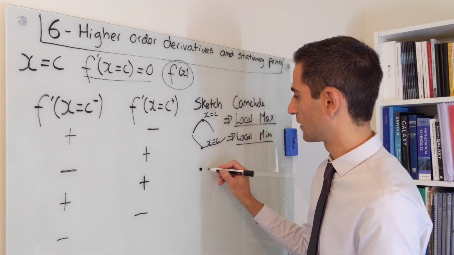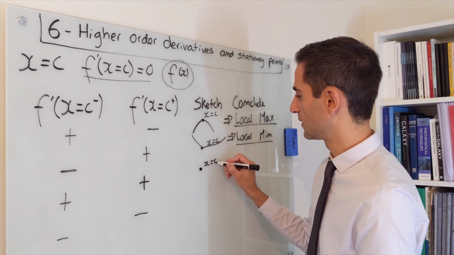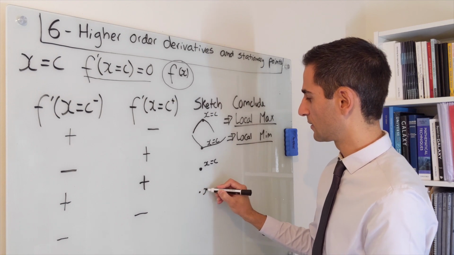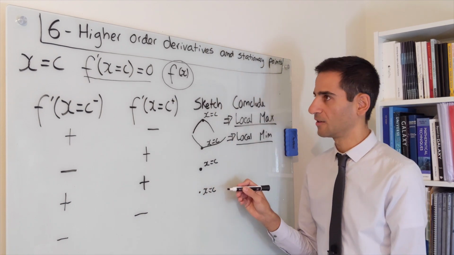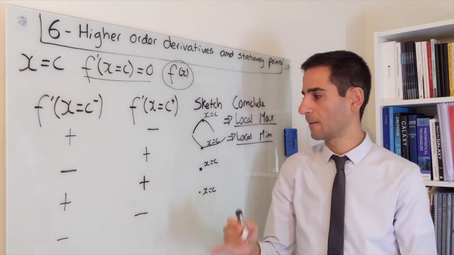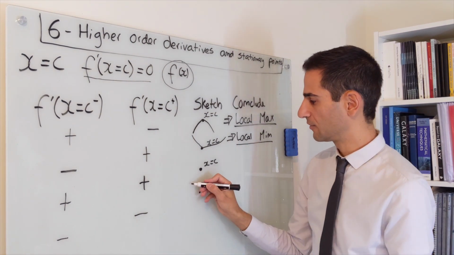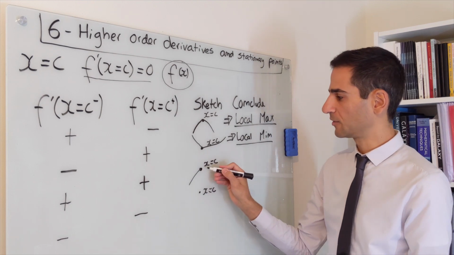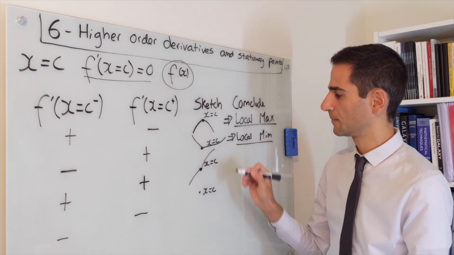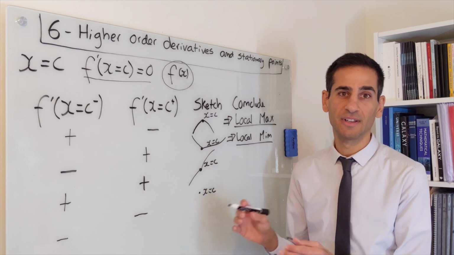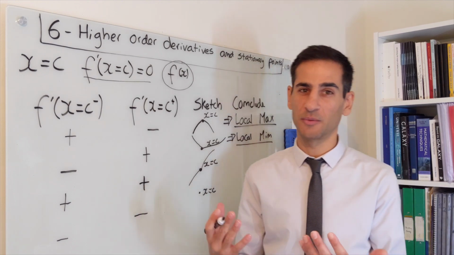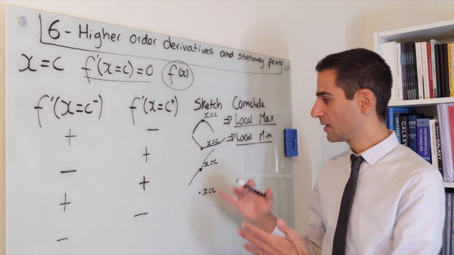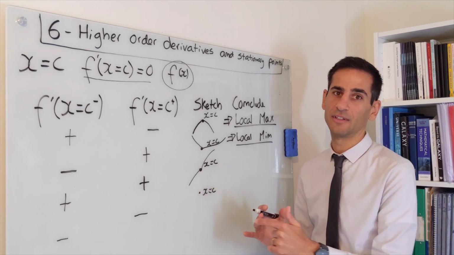Again, thinking about x equals c, which is a stationary point because the derivative is 0. In this case, it means the function is going up when you approach the point, and after it is still going up. Again, I'm just avoiding the point, so the shape of the curves is not really meant to tell you anything, but the way they're behaving is.